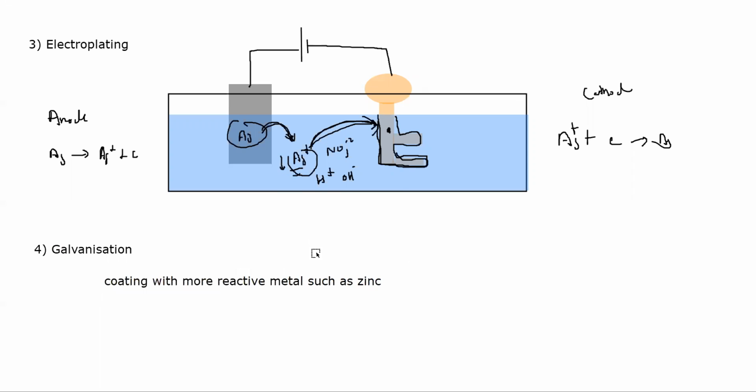Now, what is the advantage of galvanizing over electroplating? For example, you have a piece of iron. Say this is a piece of iron, okay? And these are all methods to prevent rusting of iron.